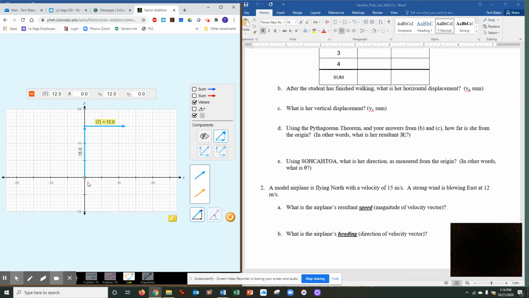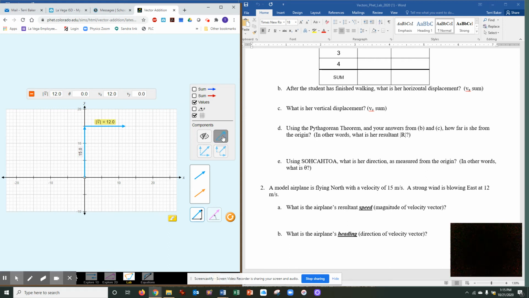Okay. Again, a model airplane is flying north with a velocity of 15 meters per second. That's this vector. A strong wind is blowing east at 12 meters per second. That is this one. So add the x components, add the y components.